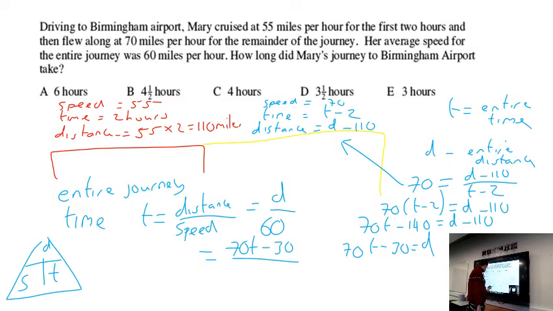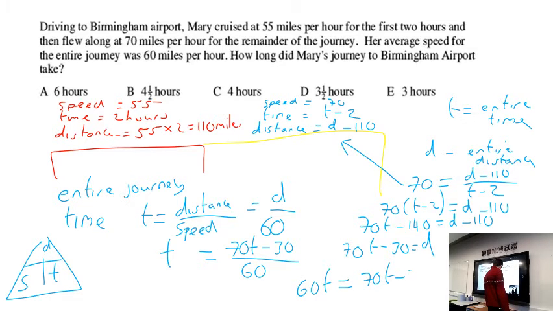So here we know that d is 70t minus 30 divided by 60. Okay, we're trying to find our t, which is the entire time. So let's multiply both sides by 60. So we've got 60t is equal to 70t minus 30. We can subtract 70t from both sides.